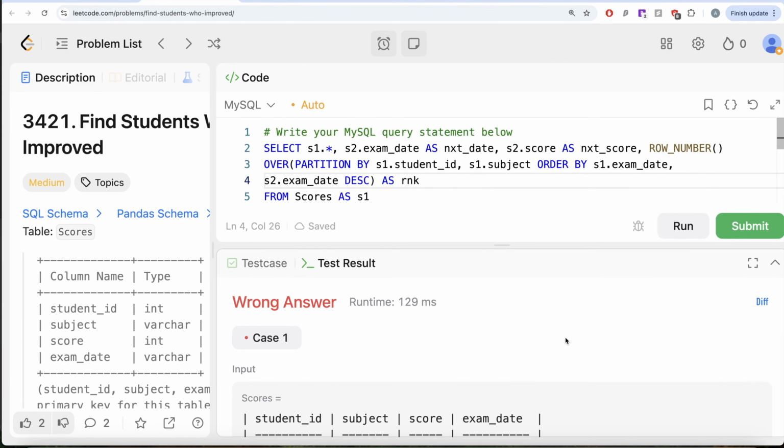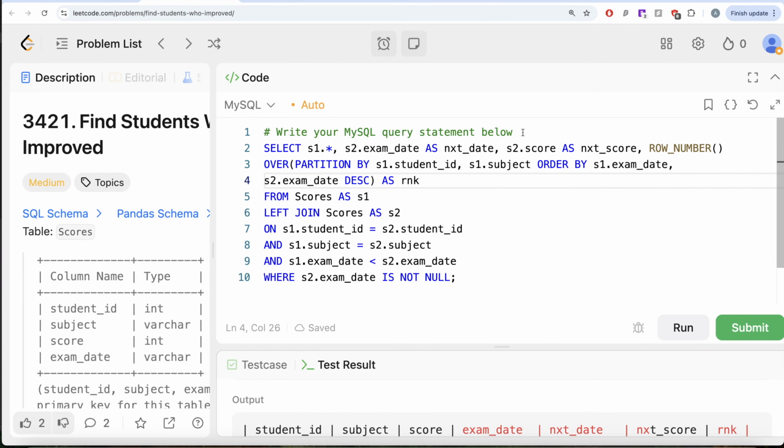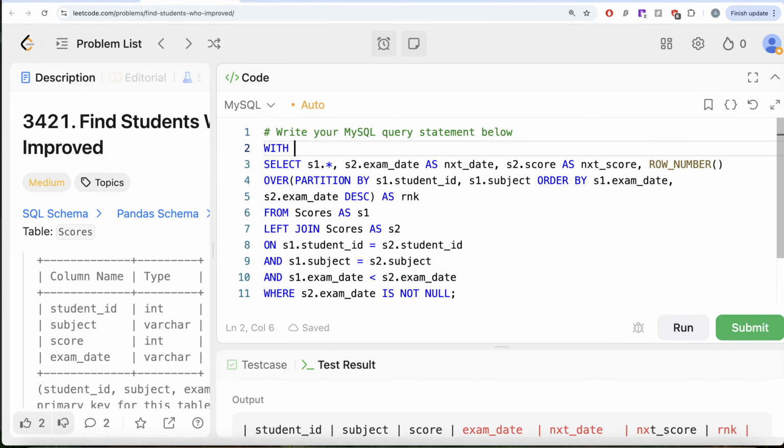Okay, so if we look at it now, rank 1 basically means we are having those rows where the exam date is the first exam date and the next date is the latest exam date, and obviously the scores are now the first and the latest score. So what we can do is save this entire thing in a common table expression.